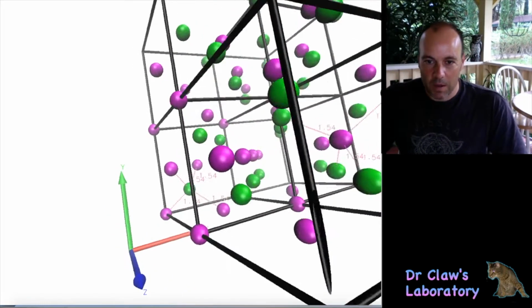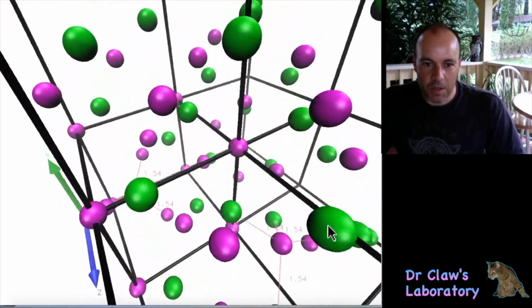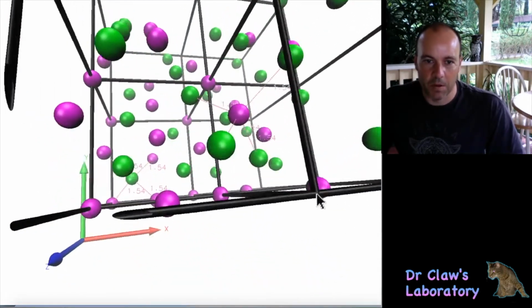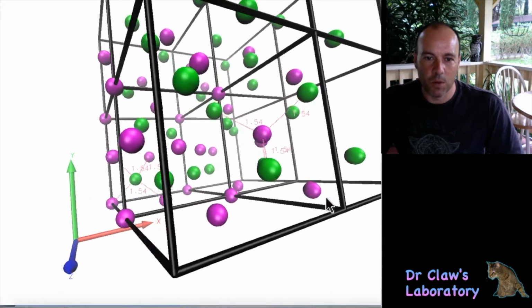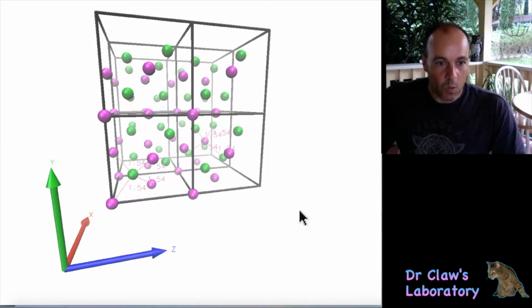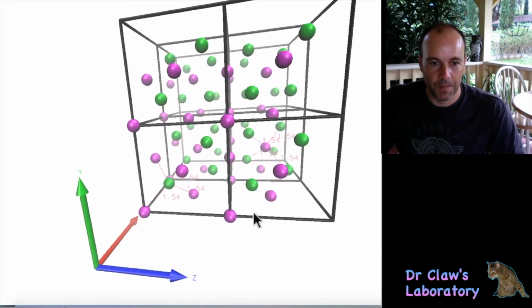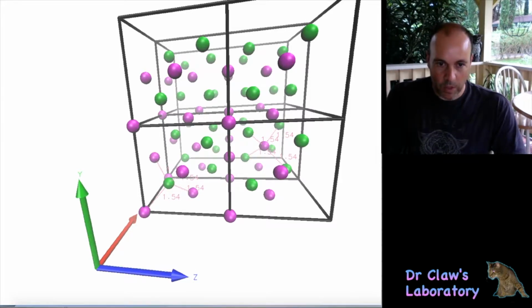Okay, now hopefully you can see that there are no atoms closer than those 4 green atoms. So every atom is surrounded by 4 nearest neighbors, and the distance is 1.54.